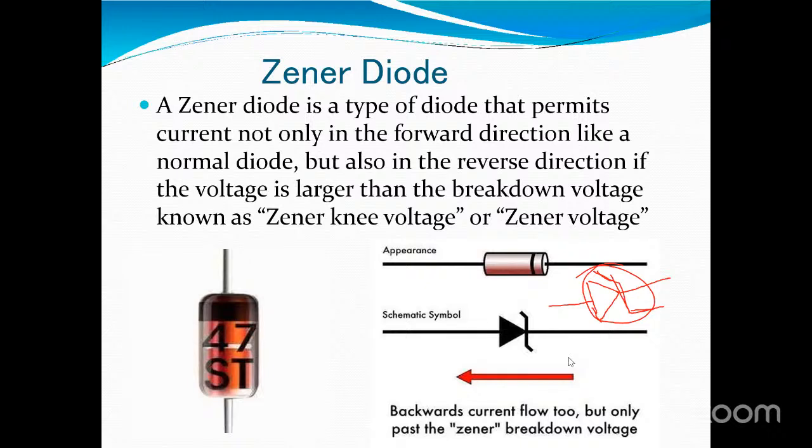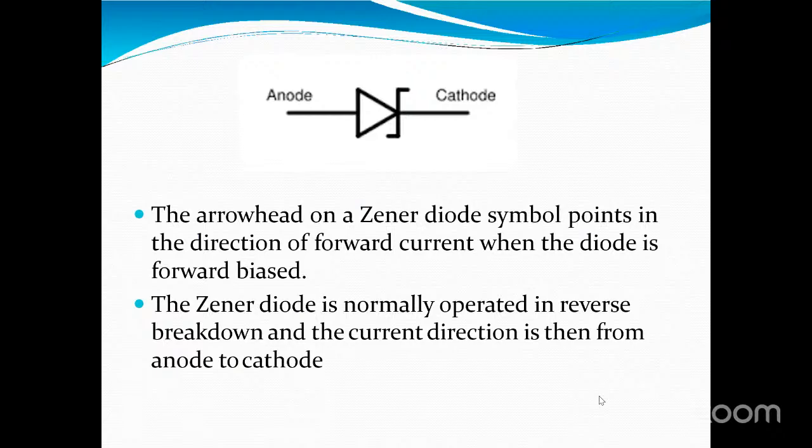Here the breakdown current may flow, but only past the Zener breakdown voltage. The arrowhead on the Zener diode symbol points in the direction of forward current when the diode is in forward bias. The Zener is normally operated in reverse breakdown, and the current direction is then from anode to cathode.